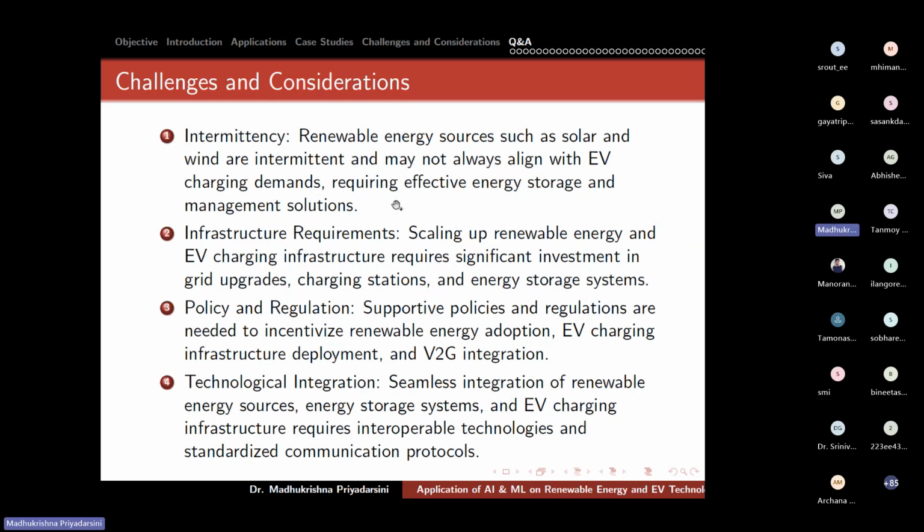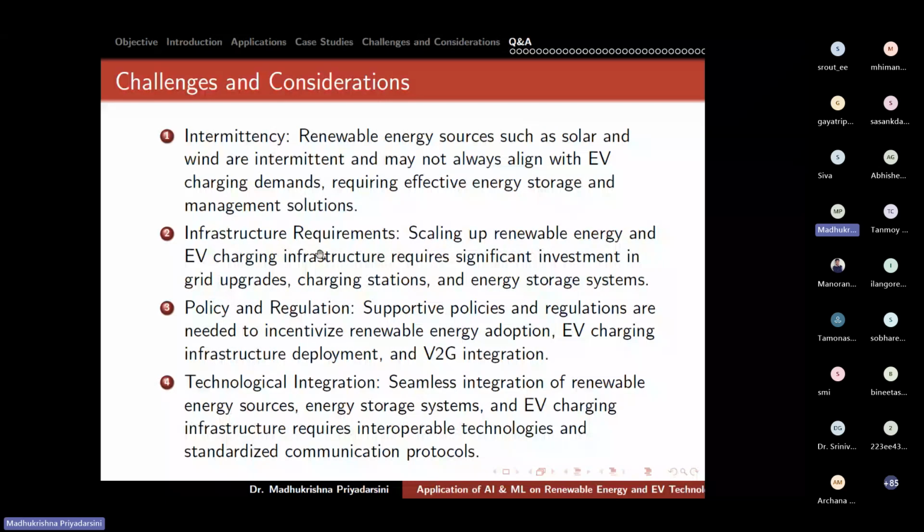So it requires effective energy storage and management solutions. You need to have enough storage of the renewable energy. Otherwise, conditions can come where we will not be able to use our vehicles.